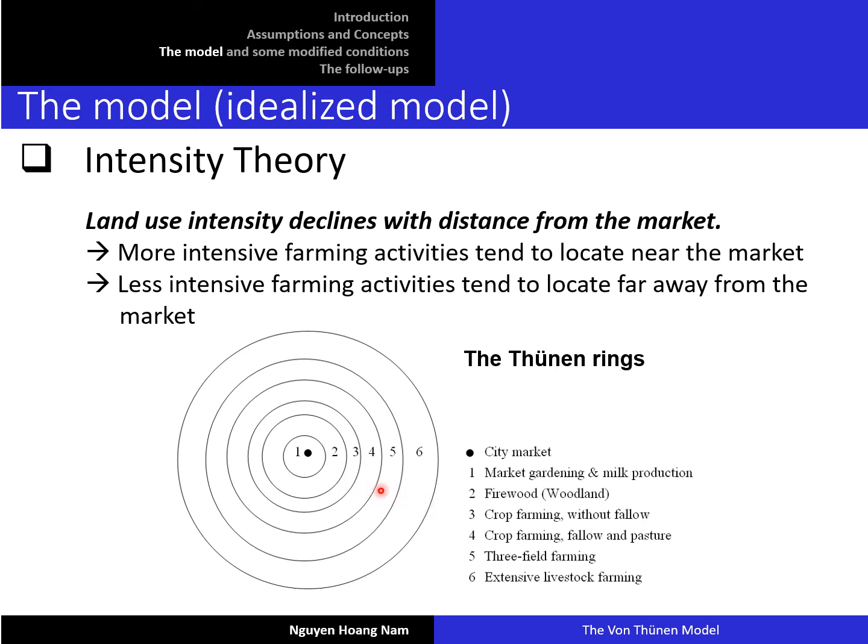If you go this way, you'll see the increase of the intensiveness of the farming. So that's the intensity theory. The most intensive will stay close to the center, and the less intensive or the more extensive will stay further away from the center.